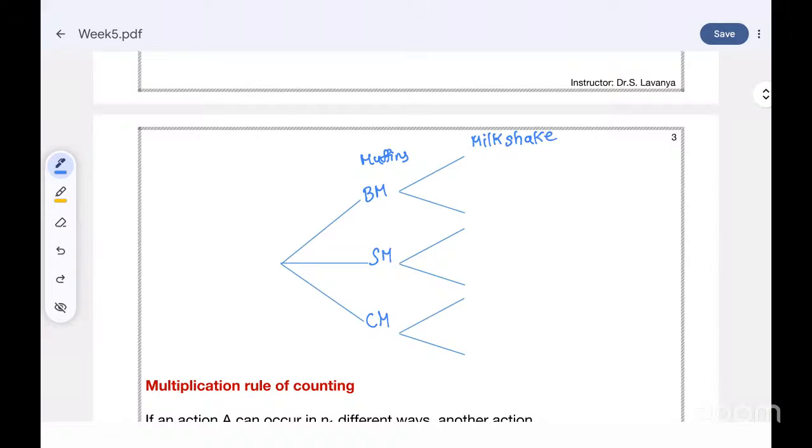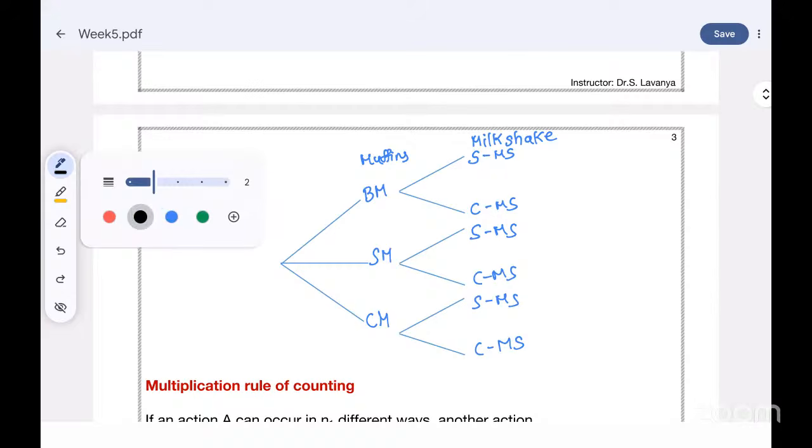Either you can choose strawberry milkshake or choco milkshake. Similarly, here also strawberry milkshake or choco milkshake. So the number of options is 1, 2, 3, 4, 5, and 6.